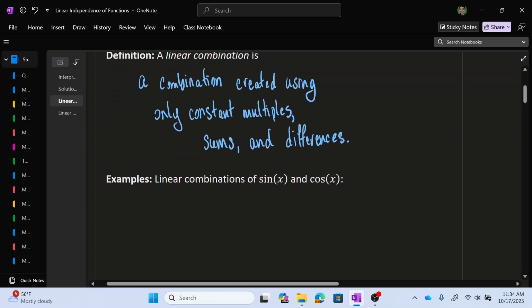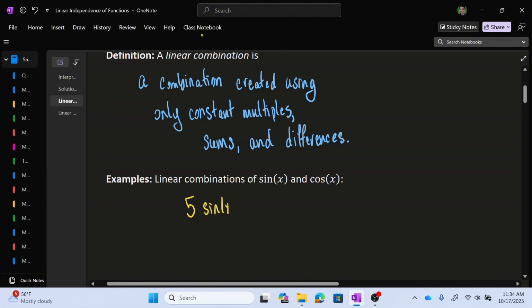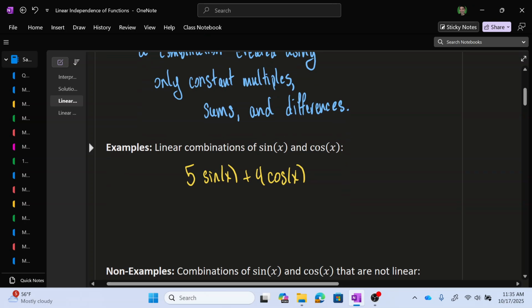So for example, if somebody wants to create linear combinations of the functions sine and cosine, they can combine sine and cosine using constant multiples, sums, differences, and nothing else. So for example, I could combine 5 times sine plus 4 times cosine. This would be a linear combination because I've combined these two functions using just constant multiples and, in this case, an addition.